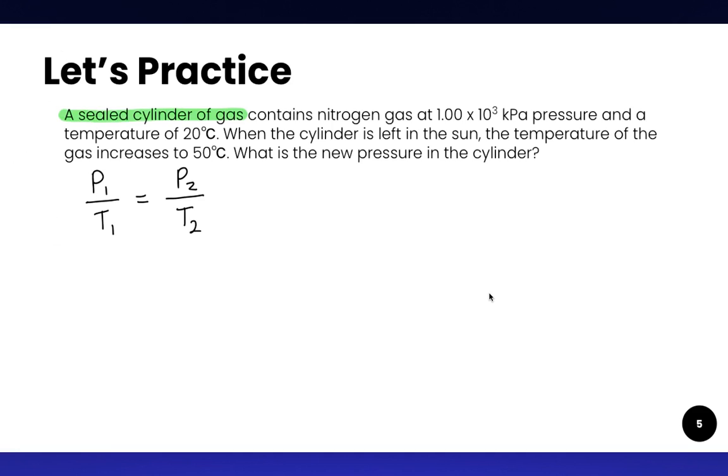What is the unknown? They're asking for the new pressure in the cylinder. So that is P2, and we just need to identify the things we do know.